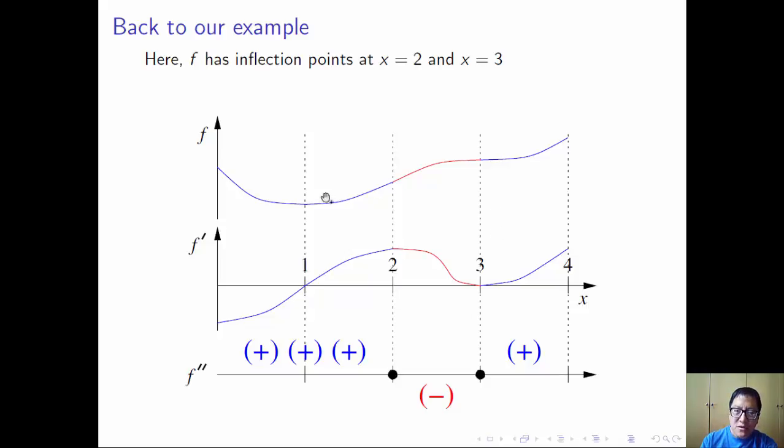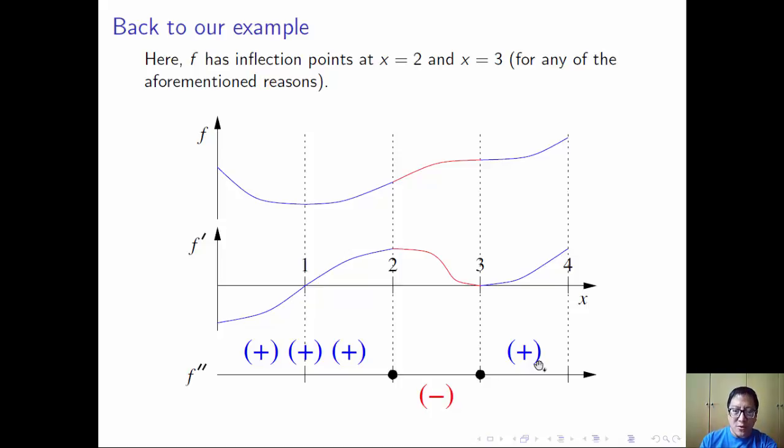You can see that change from concave up to concave down, or concave down to concave up. So f has inflection points there for any of the aforementioned reasons. We can see f prime going from increasing to decreasing, or decreasing to increasing, and f double prime going from positive to negative, or negative to positive, also indicates an inflection point.